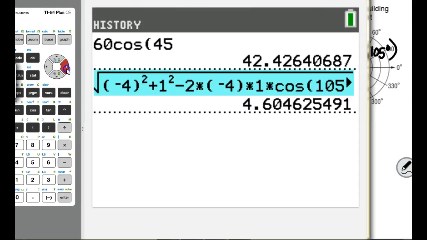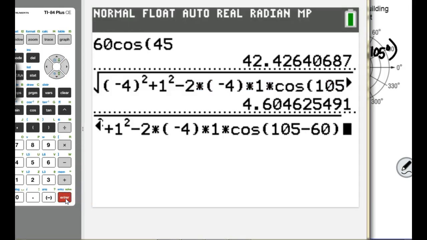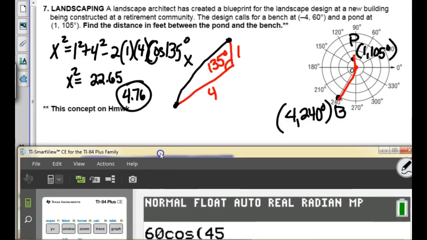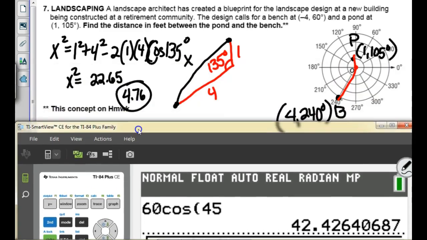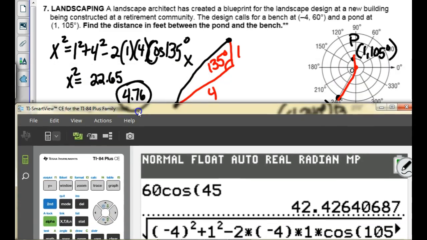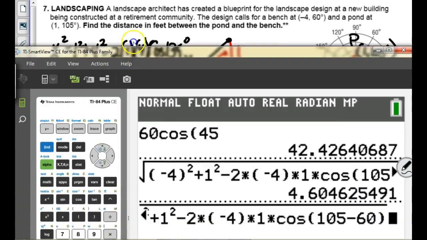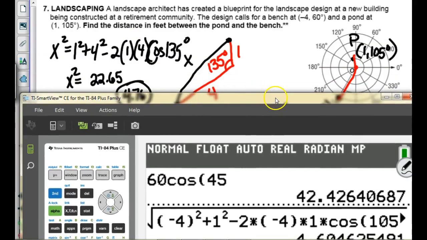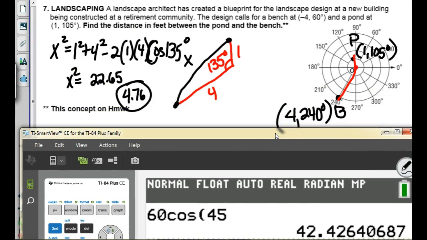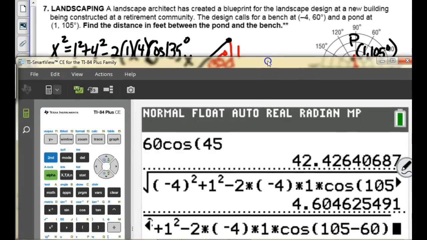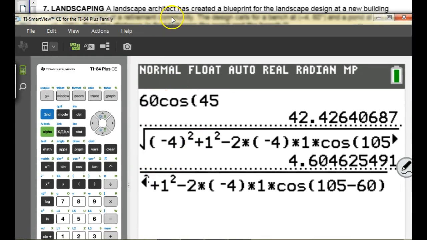Did anybody else get either one of those answers? What do we do here?